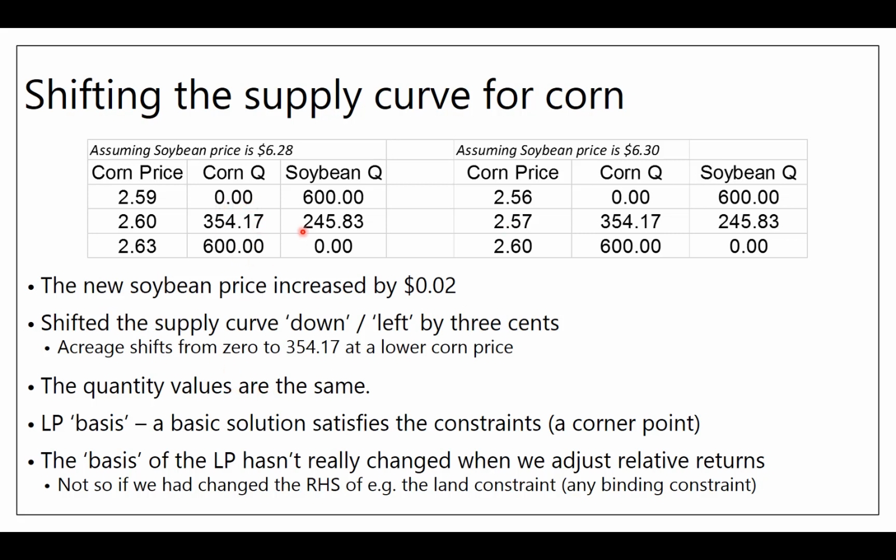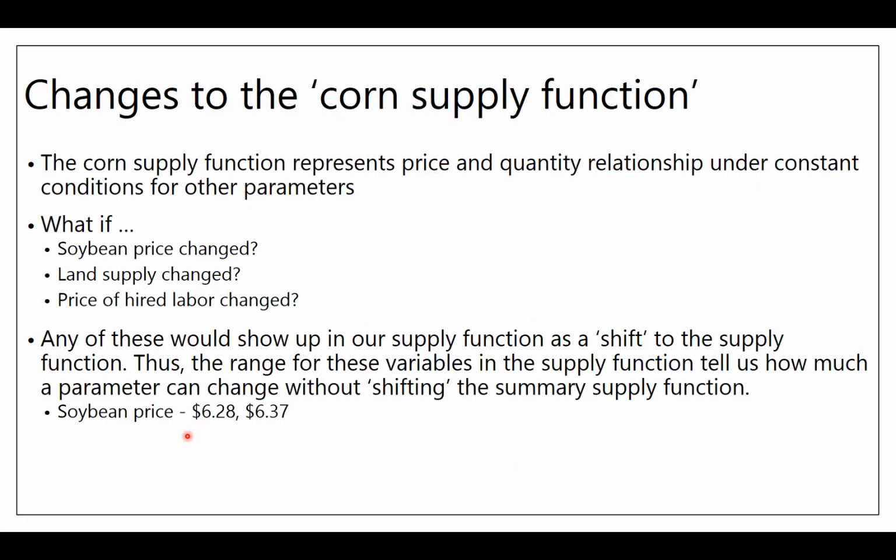The one thing that I really wanted to just show, though, is that the quantity pattern is exactly the same. These are two different versions, a shifted supply schedule, but the quantity values are all the same, and that's really because what we call in linear programming, just like a straight line, typically you get a parallel shift, where we get a parallel shift here of the picture of the supply curve.